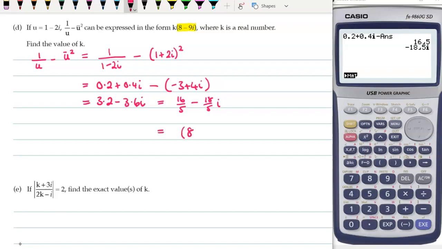So if this was going to be 8 minus 9i, then from the 16 over 5 we've taken out a 2 on the top and a fifth, and that applies the same for the 18 over 5. So k is 2/5, which is the same as 0.4.